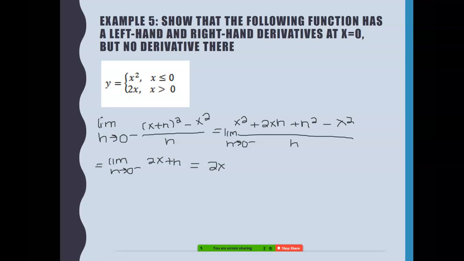Now we are looking at x equals 0, so that means that the limit as h approaches 0 from the left, or the left-hand derivative, is equal to 2 times 0, which is 0. So the left-hand derivative is 0. But the slope is 2x.